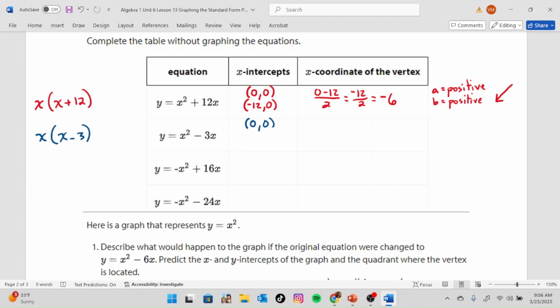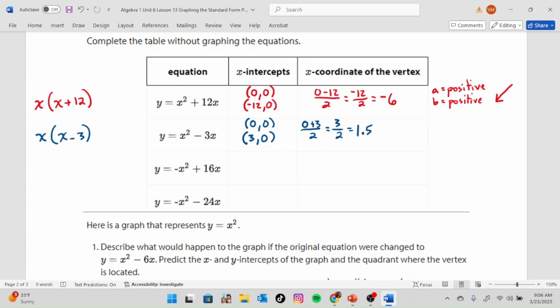And if I set x minus 3 equal to 0, then x must be 3. I have an intercept at 3, 0. So this is going to be 0 plus 3 divided by 2, which is 3 divided by 2, which is 1.5.